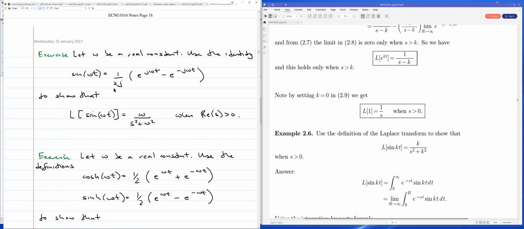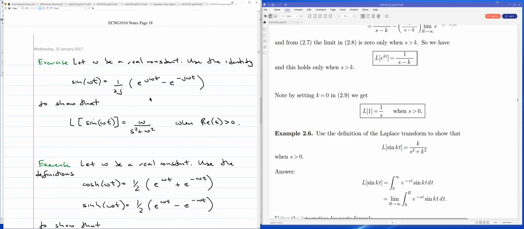This would be a faster way to show that the Laplace of sine at is a on s squared plus a squared, or sine of kt is k on s squared plus k squared. So this result here is the same as this result. What I'm doing is using an identity for complex numbers that comes from the Euler formula.